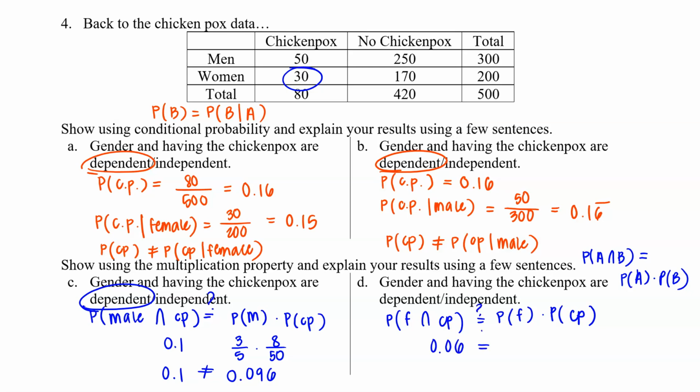Is this equal to the probability of female, which is 200 out of 500, times the probability of chickenpox? This probability is equal to 0.064. Because it is not equal to 0.06, again, we conclude that they are not independent.